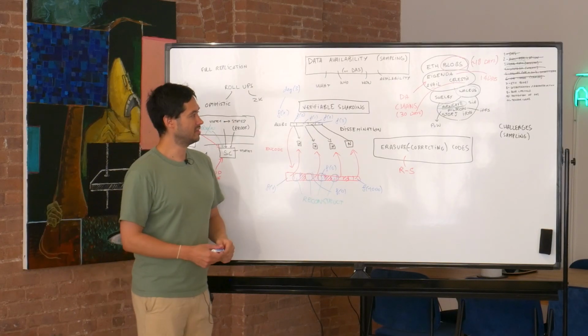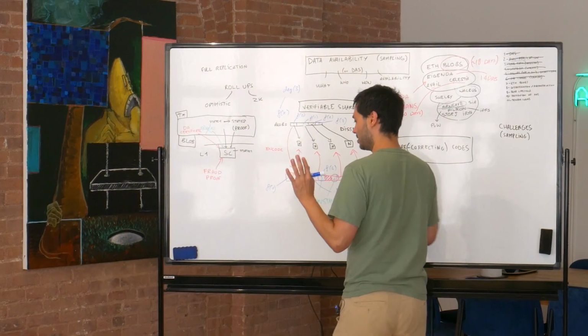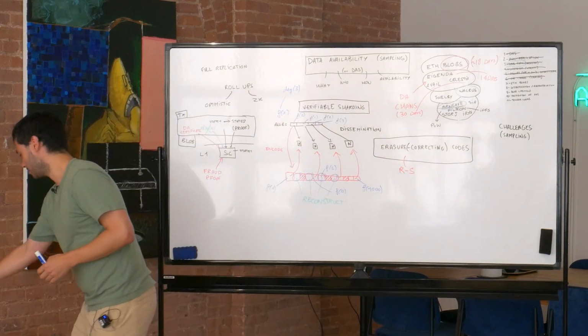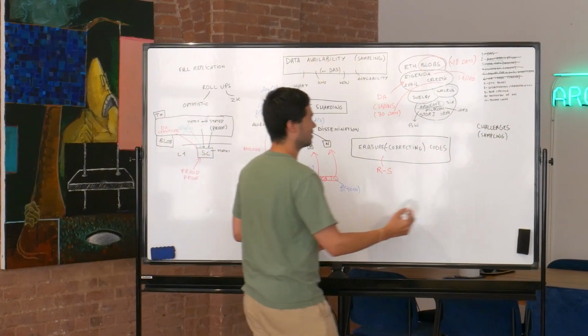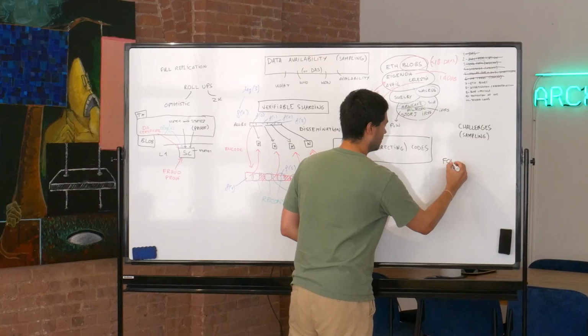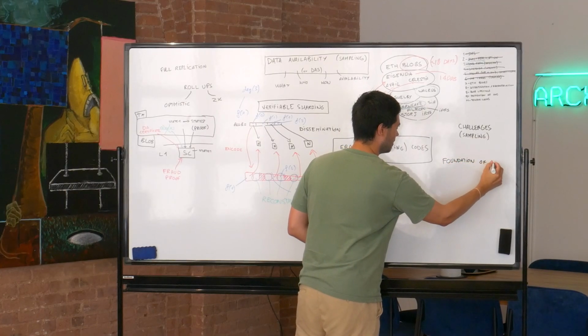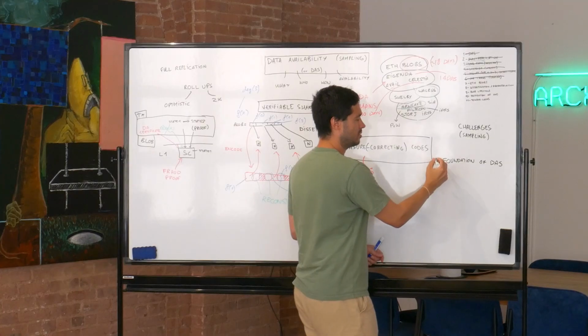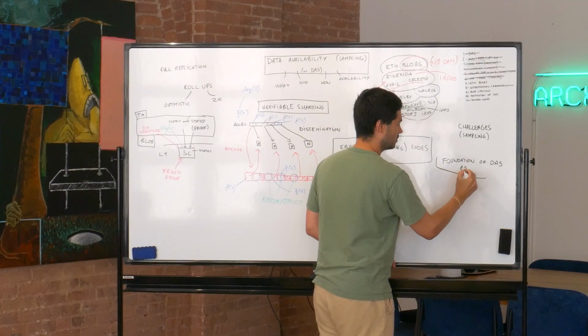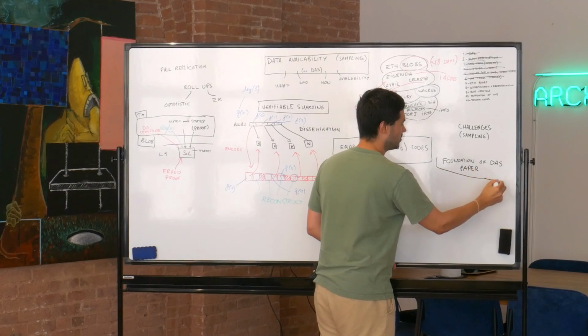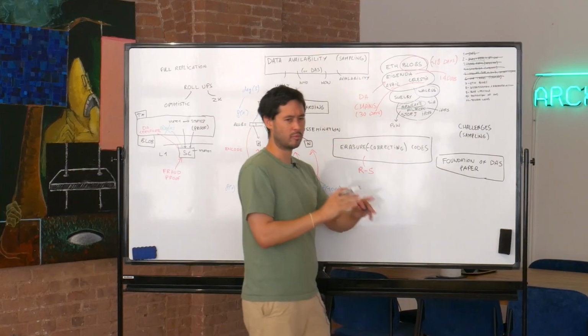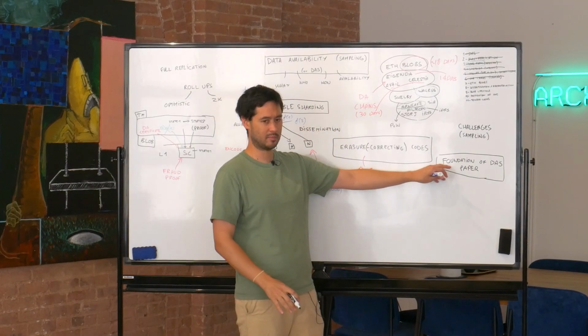So it's something that was defined in this great paper from my co-founder Matthias called Foundations of DAS. I can't remember exactly the name of that paper, but it creates the framework for data availability sampling.